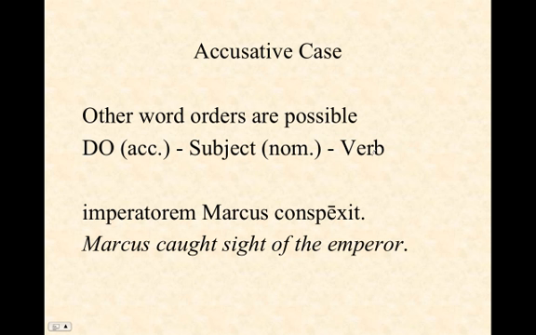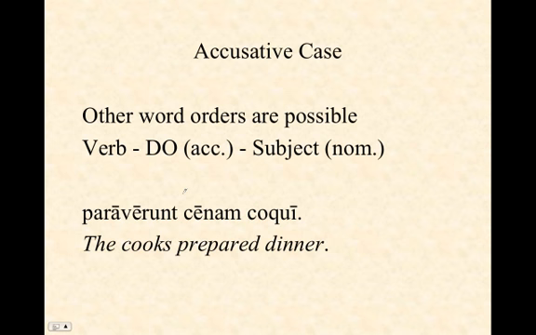And the way you know that this means Marcus caught sight of the emperor is that Marcus is nominative and imperatorem is accusative. Here's a sentence, verb first, direct object second, subject last. And the way you know it means the cooks prepared dinner is that coqui is nominative and cenam is accusative.